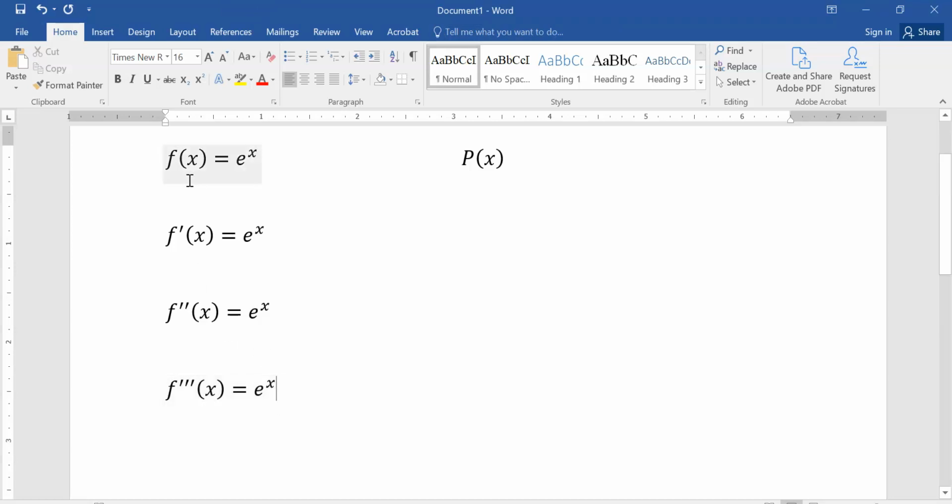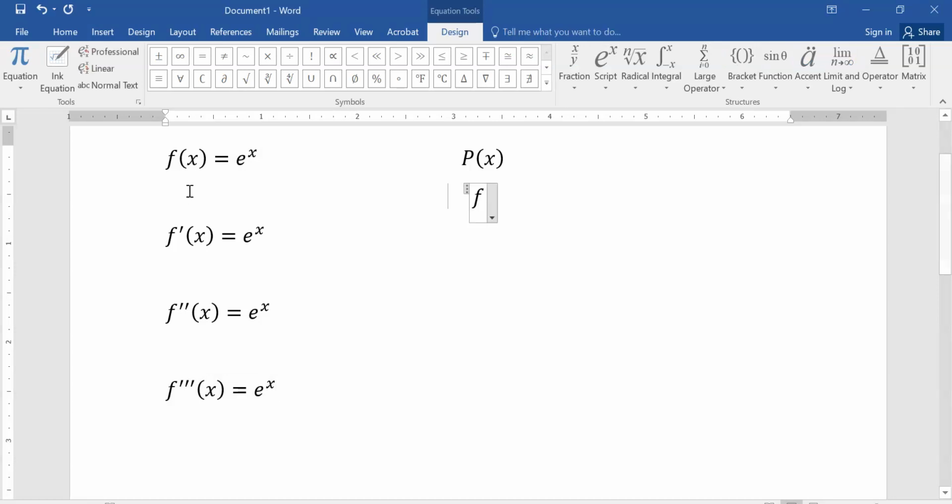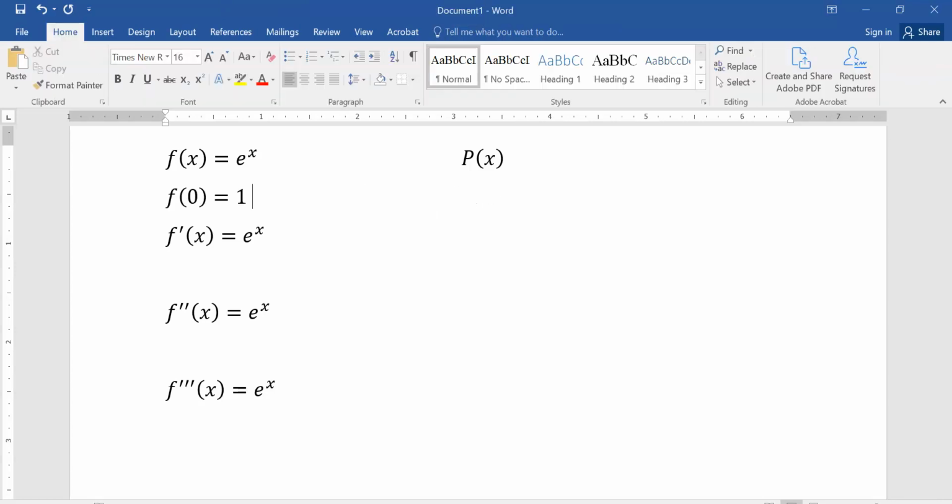By the way, we want to center this at 0. So what this means is that if you plug in 0 into the function, notice that you get 1. Again, e to the 0 is 1. Hopefully, I don't need to explain that.